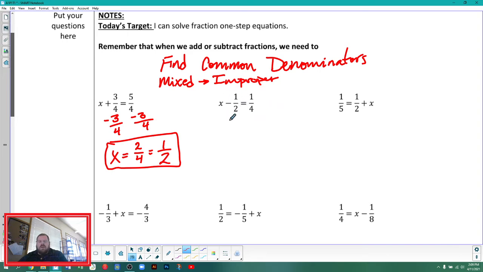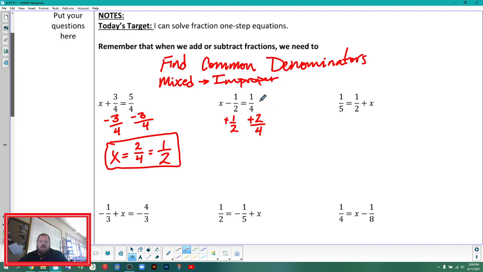Next one, I have x minus 1/2 equals 1/4. So I want to undo that subtraction. We're going to add 1/2 to both sides. Now, just looking ahead, I know that I'm going to need 1/2 and some number of fourths. Since that's pretty easy to do, I'm going to say plus 2/4, because 2/4 is equal to 1/2.